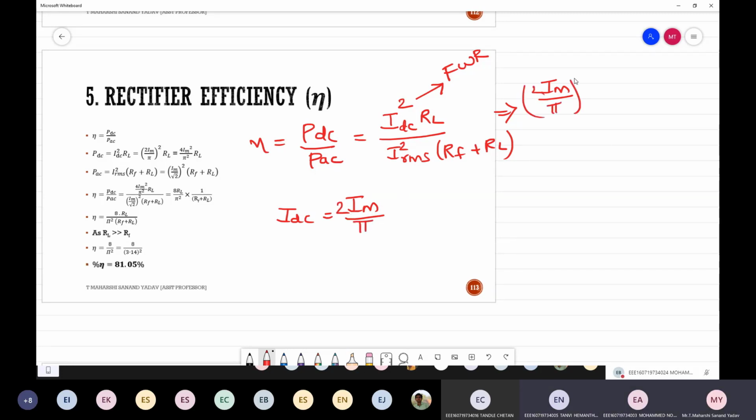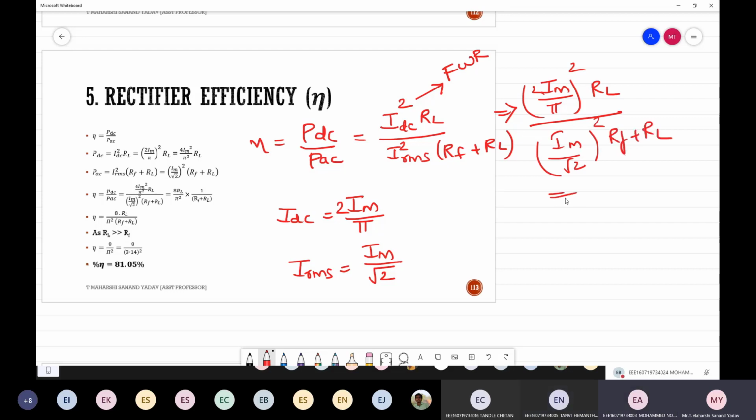So 2 IM by pi whole square into RL, divided by IRMS. IRMS is IM by root 2. So IM by root 2 whole square into RF plus RL. Now you solve this, you'll get the answer. So concentrate only on the first 4 parameters. That is enough for you.